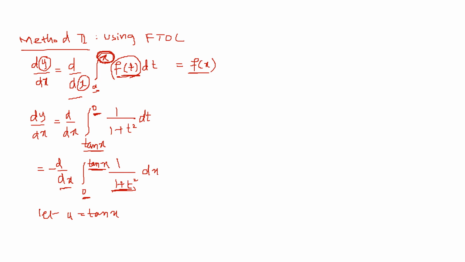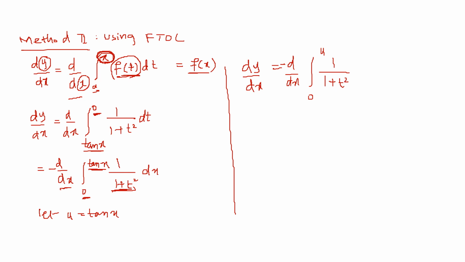With this substitution, our integral becomes dy by dx equals minus d over dx, integral from 0 to u. There will be no change in the integrand because there is no function of x in the integrand. This is 1 over 1 plus t square dt. Here again, we have the derivative with respect to x, but the upper limit is u.